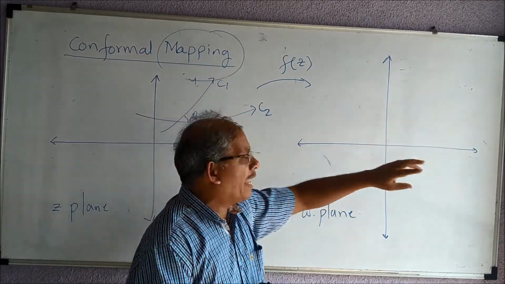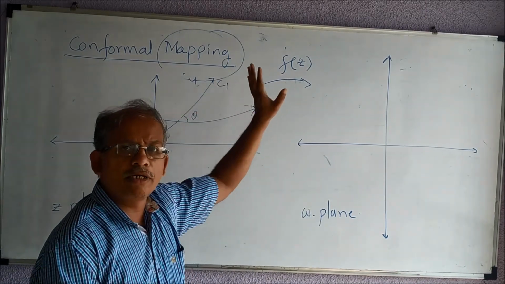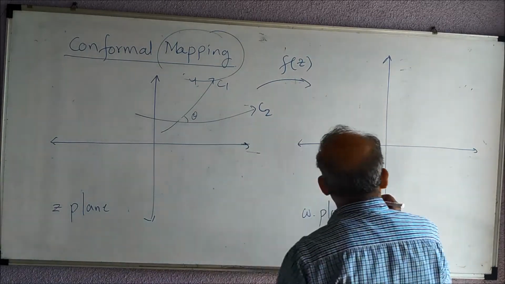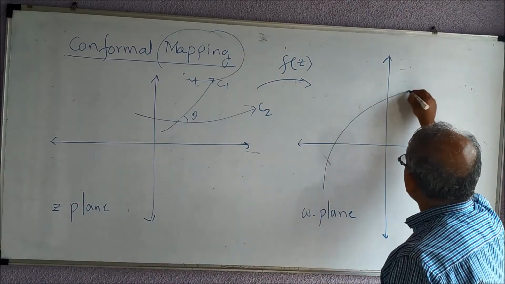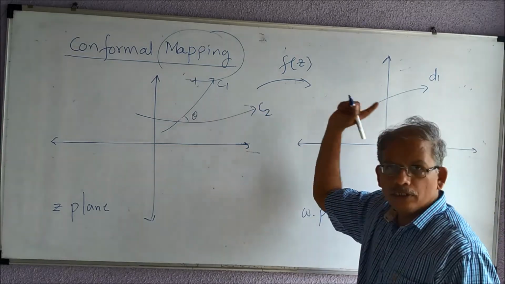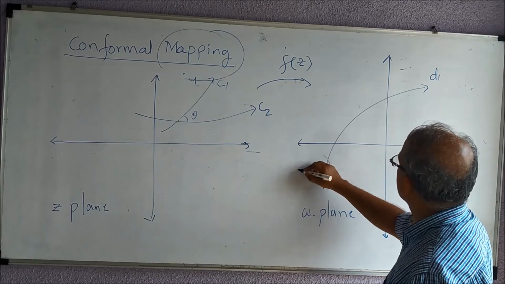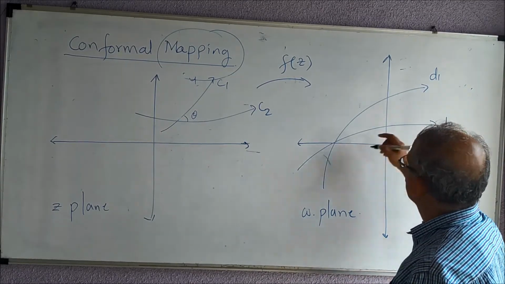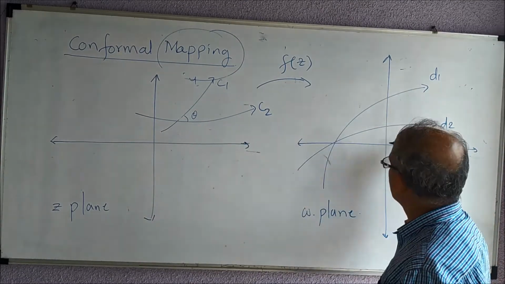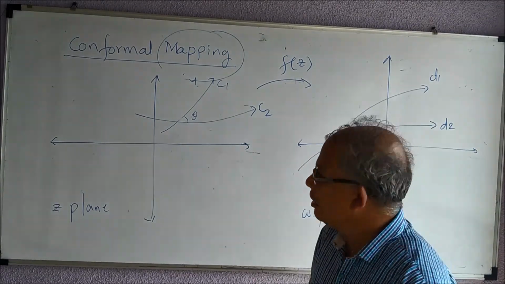But suppose I take that this is, say, D1, the image of C1 under this function, and this is, say, D2, C2's mapping in the w plane.